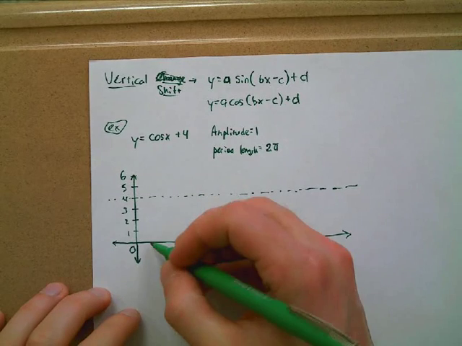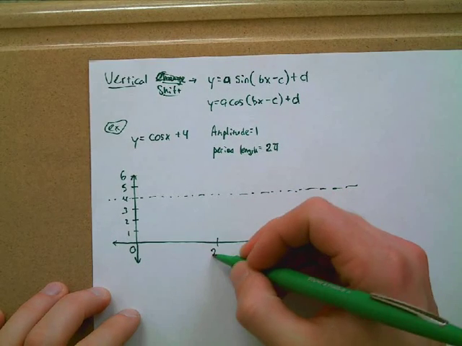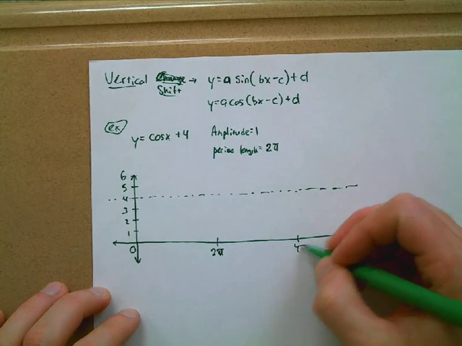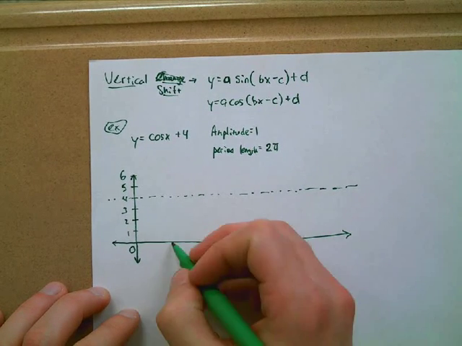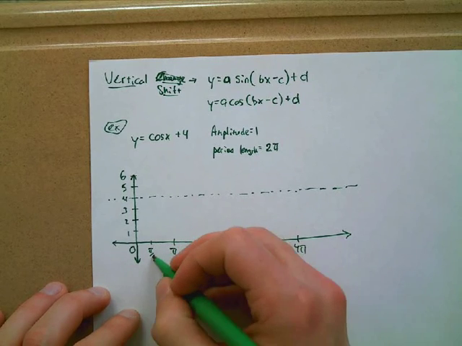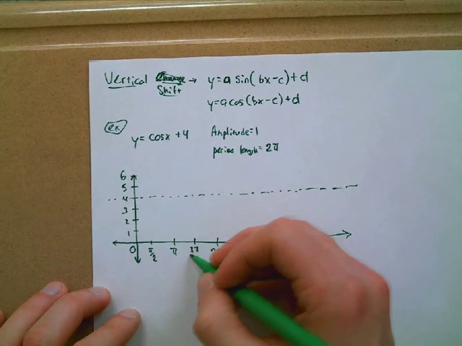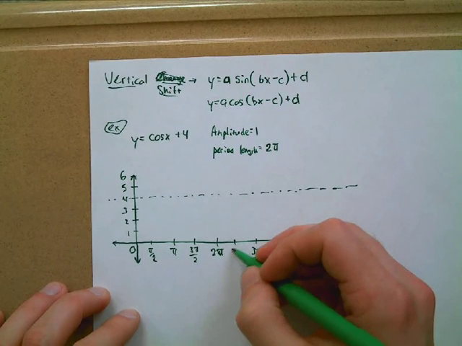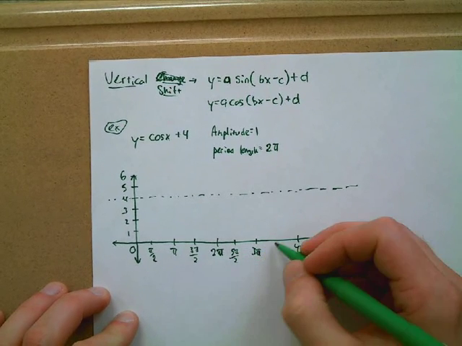This doesn't change down here. So our period is still 0 to 2 pi, period length 2 pi. Find those halfway points and the quarter points of the 2 full periods.